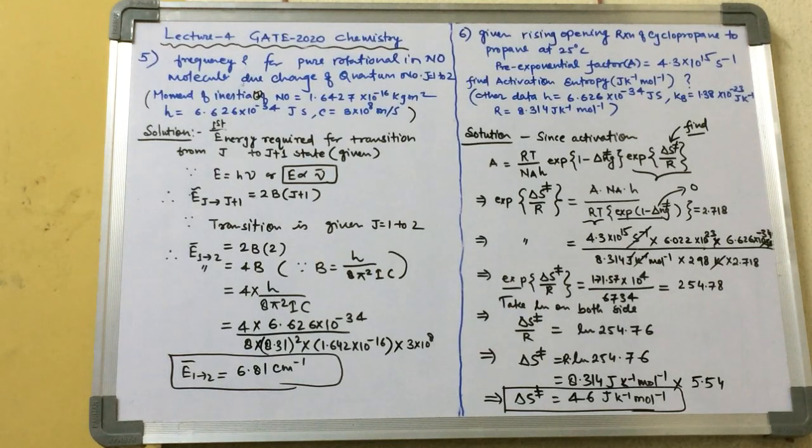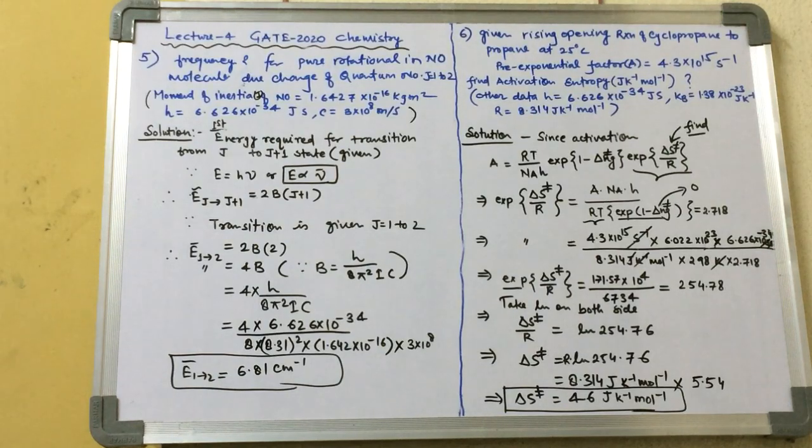Next question is 5. Okay, so question 5 is: here, given the frequency. Not sorry, we have to find frequency, and some data is given.